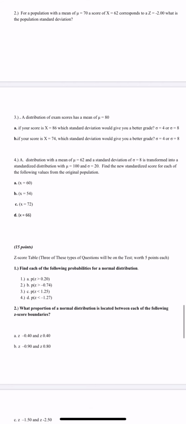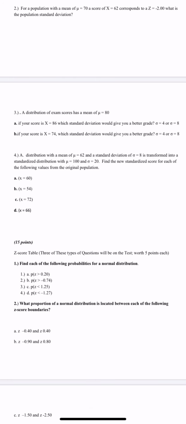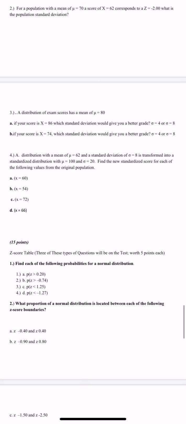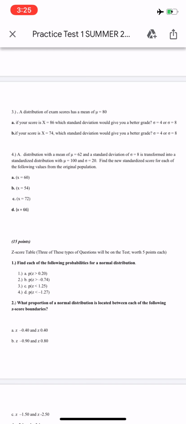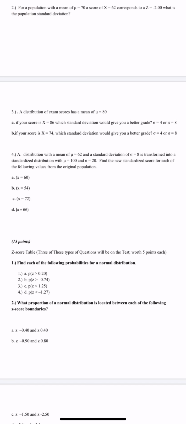Number 3. A distribution of exam scores has a mean of 80, or a mu of 80. If your score is 86, which standard deviation will give you a better grade? A standard deviation of 4 or a standard deviation of 8? So what you do here is you plug both standard deviations into two separate Z-scores.